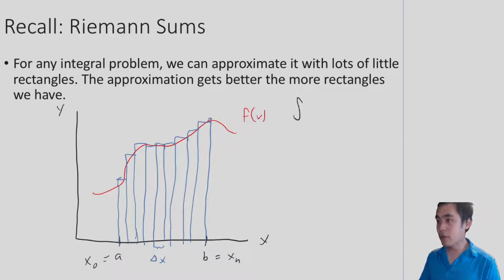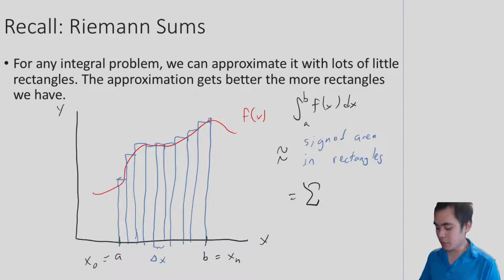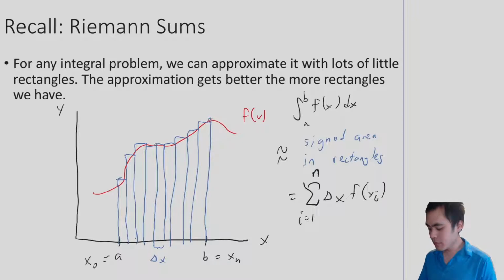Then your integral of f of x dx from a to b is approximately equal to the signed area in rectangles, which is equal to this sum from i equal 1 to n of delta x times f of xi. Okay, so that was one of the ways you can numerically compute an integral.